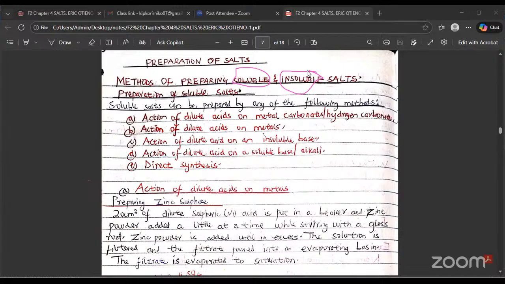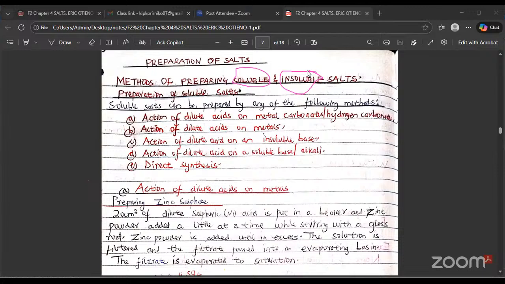So the procedure of preparing insoluble salts will be longer than preparing soluble salts. We have very many methods of preparing soluble salts. Number one is direct synthesis. Direct synthesis is normally used to prepare sodium chloride. I think that one is also done in Form 1 when you are writing the equation.